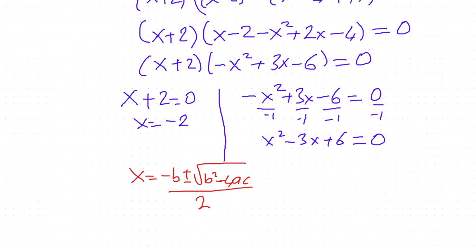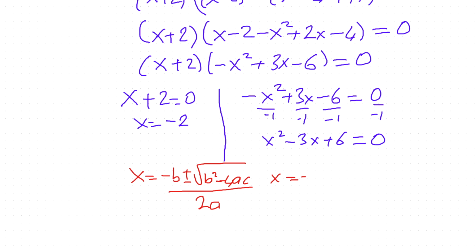If you just substitute the values in here for the x, so x equals, here, by the way, what are a, b, c? You know that a is the coefficient of x squared, b is the coefficient of x, and c is the constant term. So we will substitute our negative 3 as b, so this negative comes from the formula.